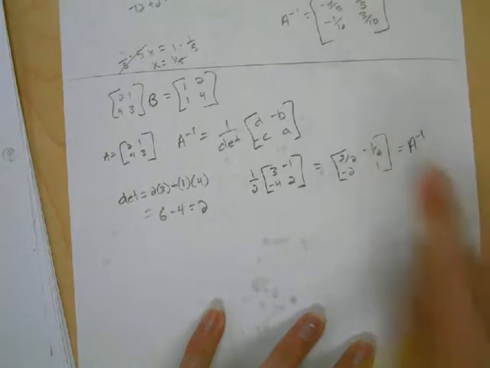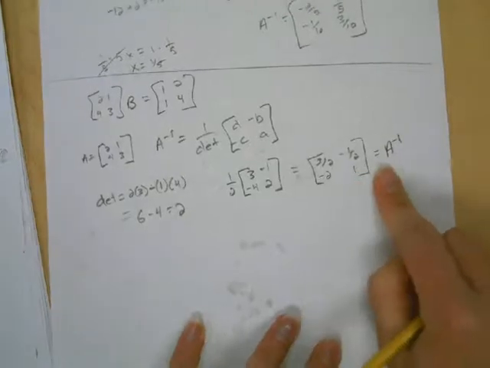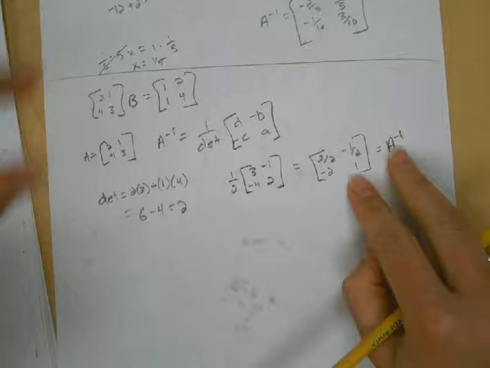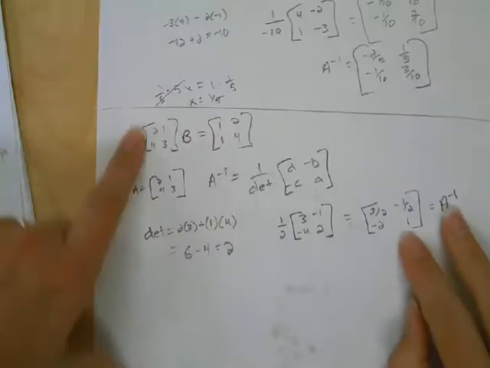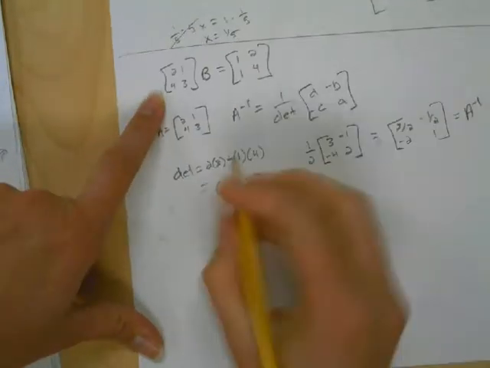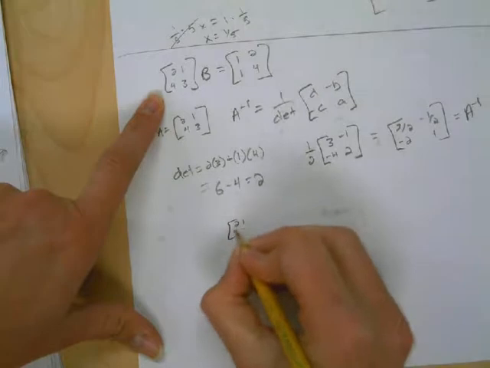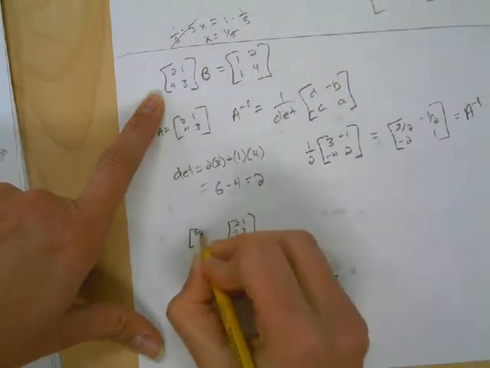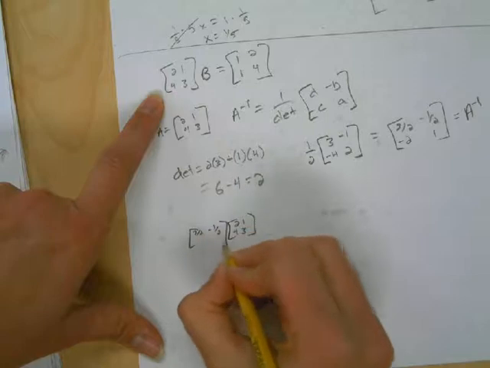So I'm going to take this whole thing, 2, 1, 4, 3. I'm going to multiply this to the left, 3/2, -1/2, -2, 1. If I multiply these together, if I did my math correct, that should give me the identity matrix, which is basically like saying 1.